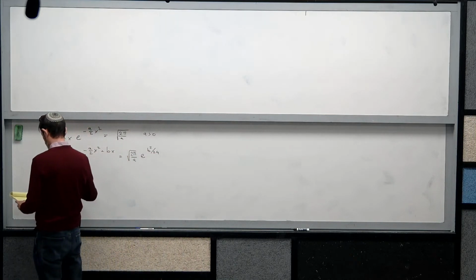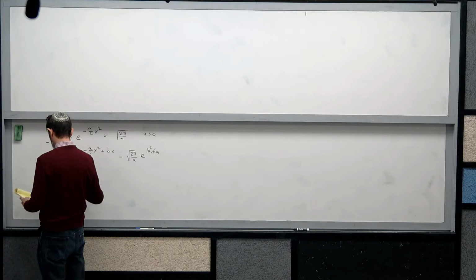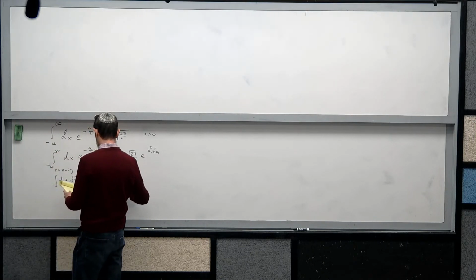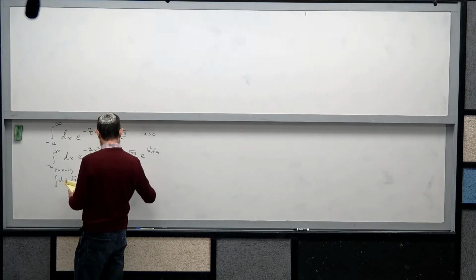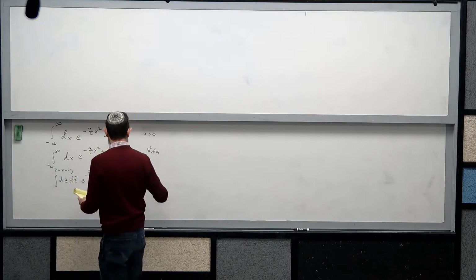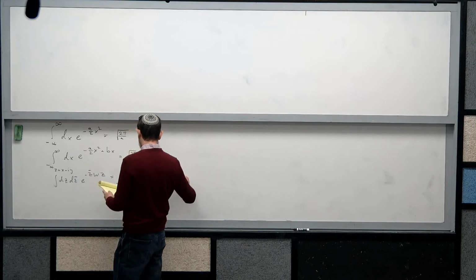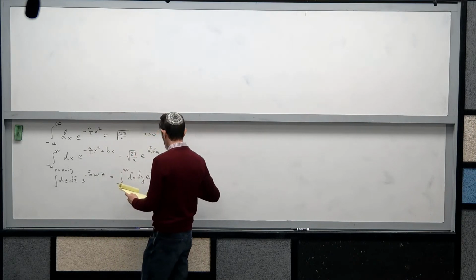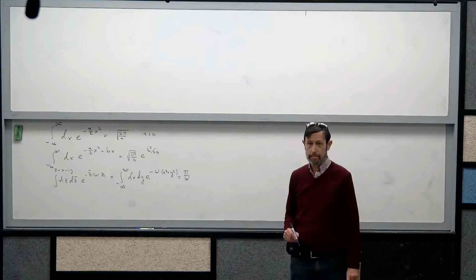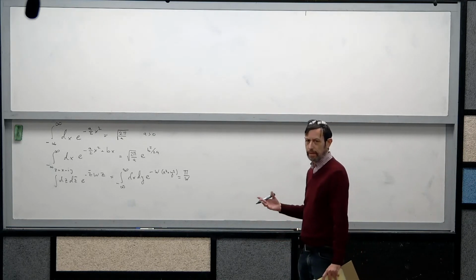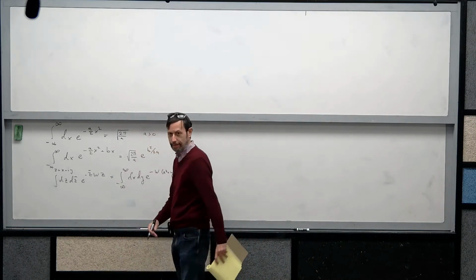So just replace z and z conjugate by the appropriate x plus iy and x minus iy, and we get this result.